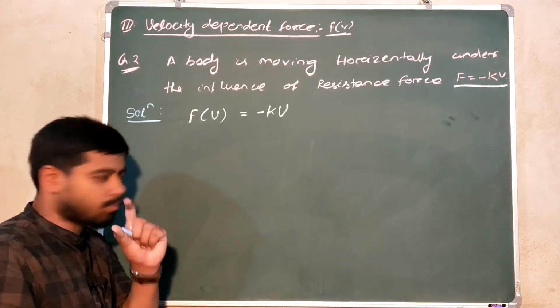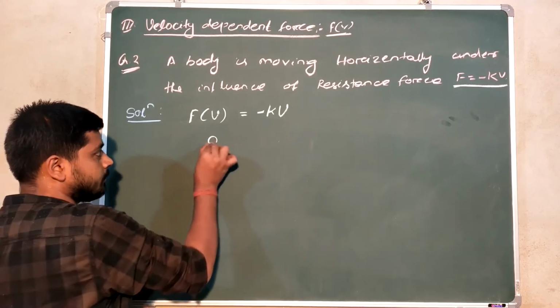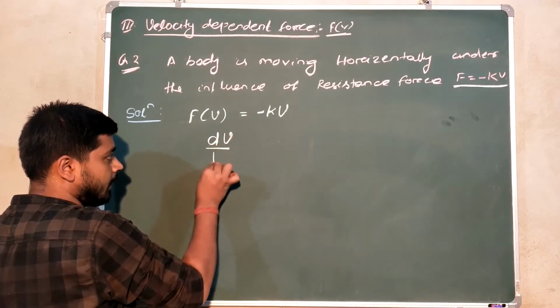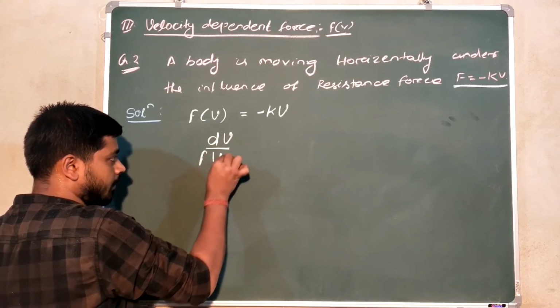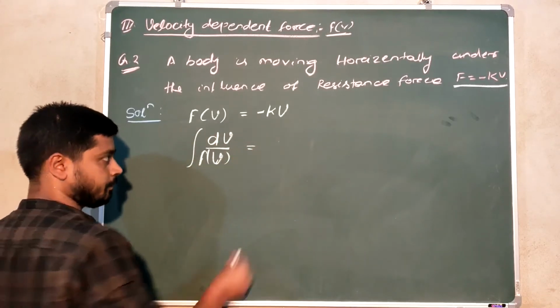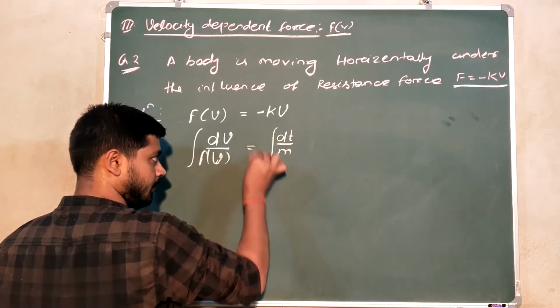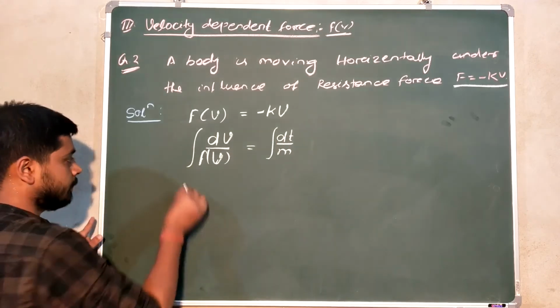It's a small answer. The formula is integration of dv by f of v equal to integration of dt by m, yes or no?